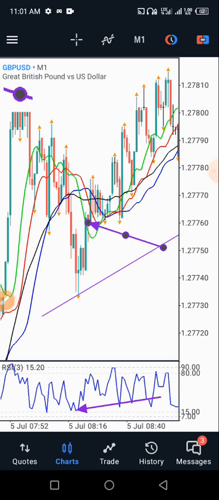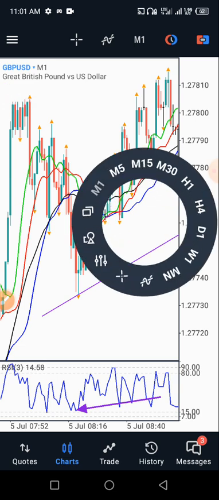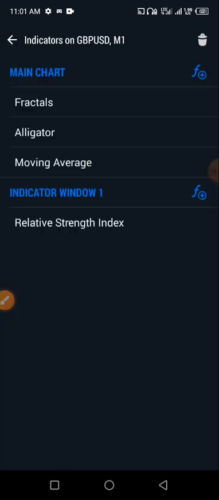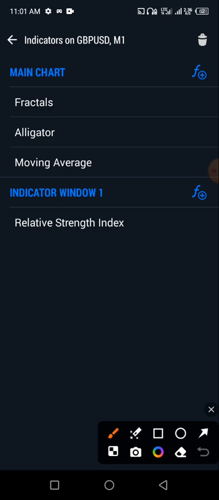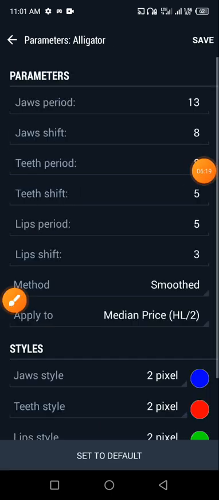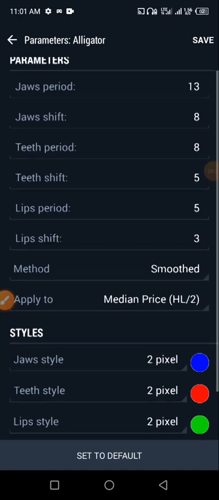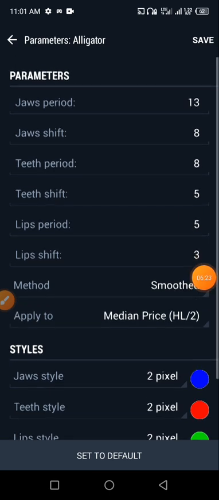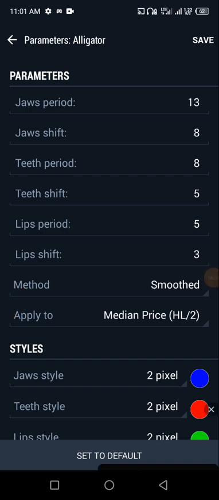Okay, so I'm just going to show us the settings for this particular green, red and blue, because they are custom settings. Okay, so what we are going to be doing is adding the alligator indicator to our chart here. So you can see our alligator indicator and the parameters that we have here.